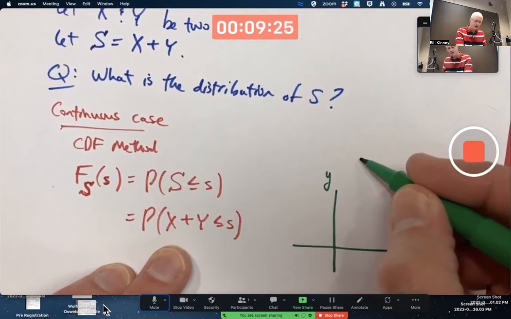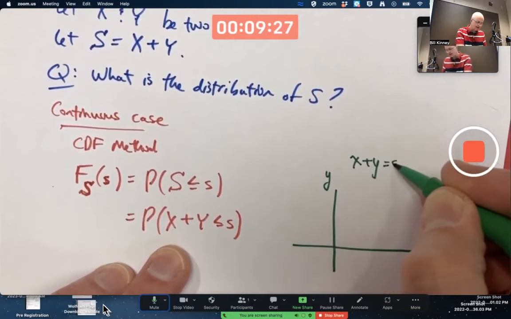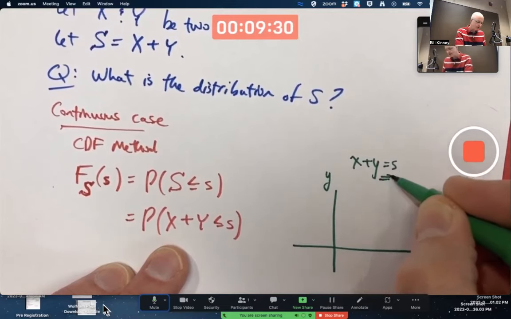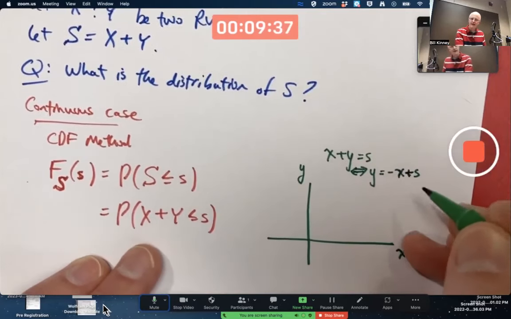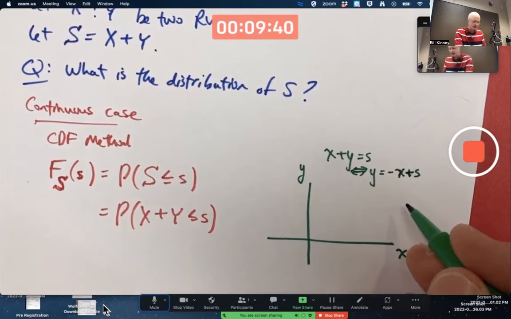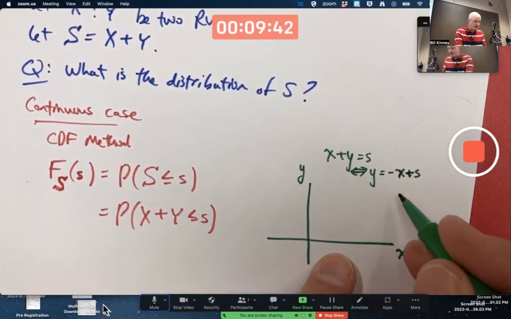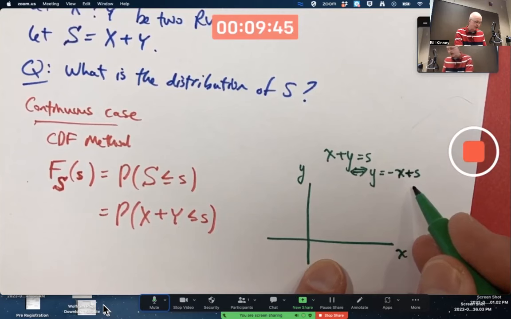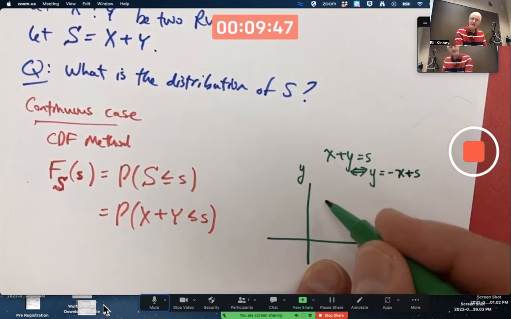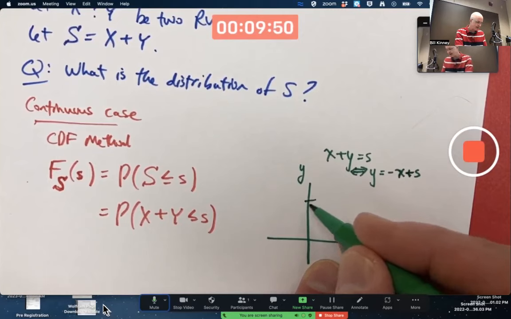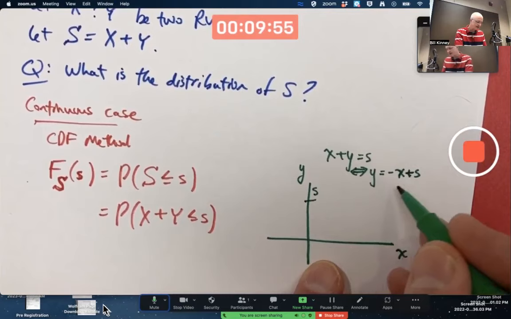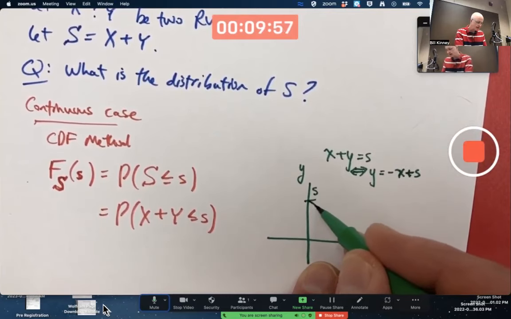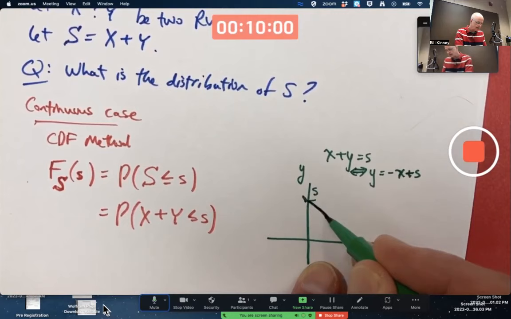Think about the equation little x plus little y equals s. That's equivalent to y equals negative x plus s, which in this plane, if you think of x and y as being ordinary variables, nothing about probability here, is a line with a slope of -1 and a y-intercept of s, right? What's s? I'm not saying. Pretend s is right here. This equation defines a line like this.